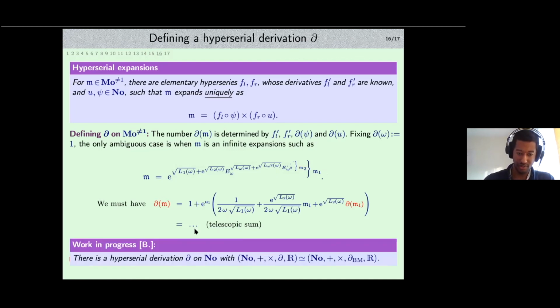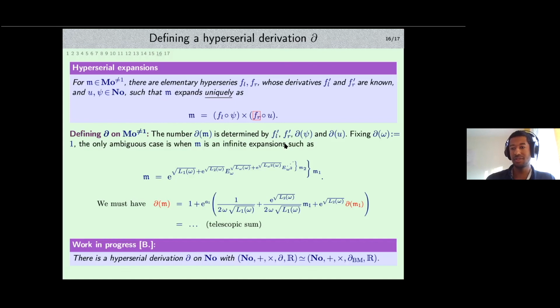So using this, I'm proving that there is a function on No which is a derivation with the same properties as Berarducci and Mantova's derivation, but this one has one advantage, which is that it commutes with those hyperseries here.